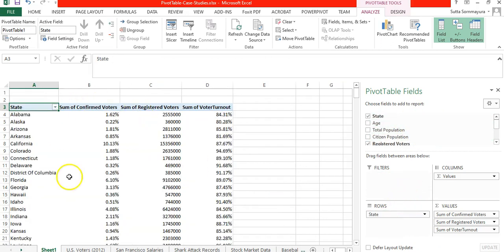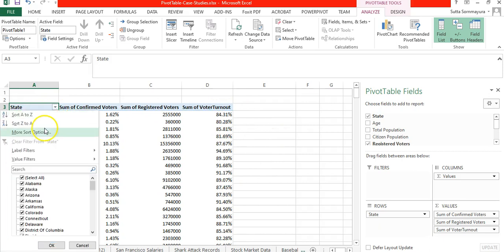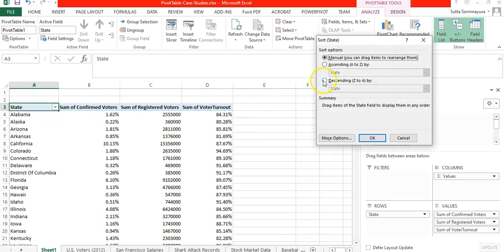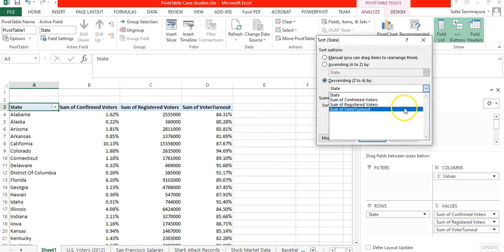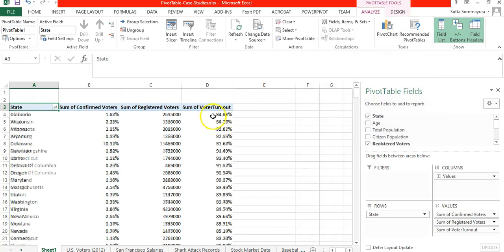So we can do sorting on the voter turnout, right? So the highest is Colorado, 94.69%. Okay, so this is the answer.